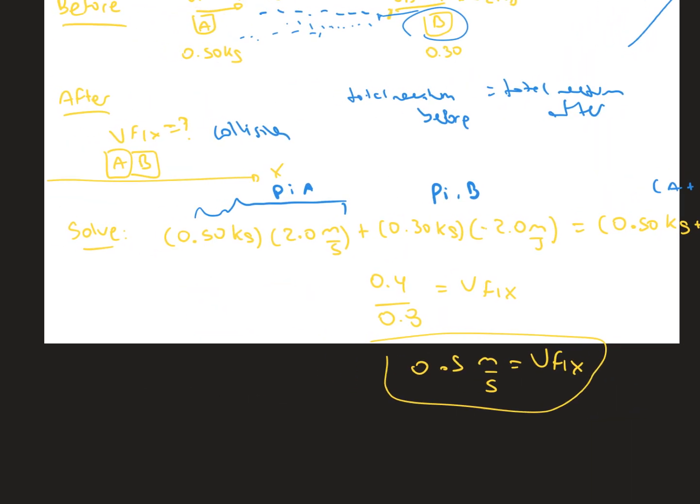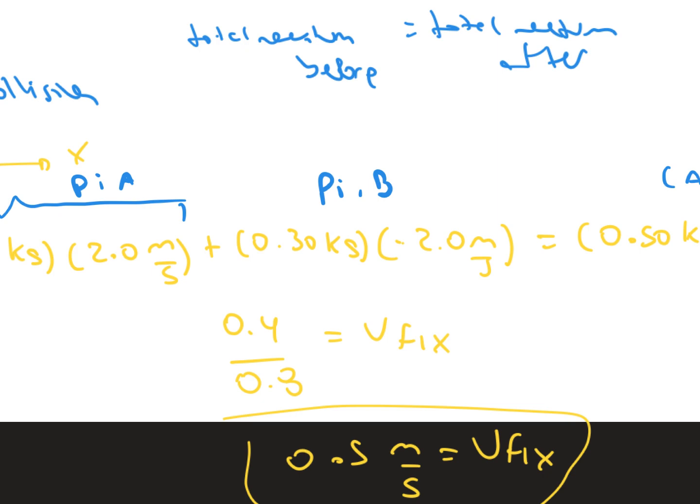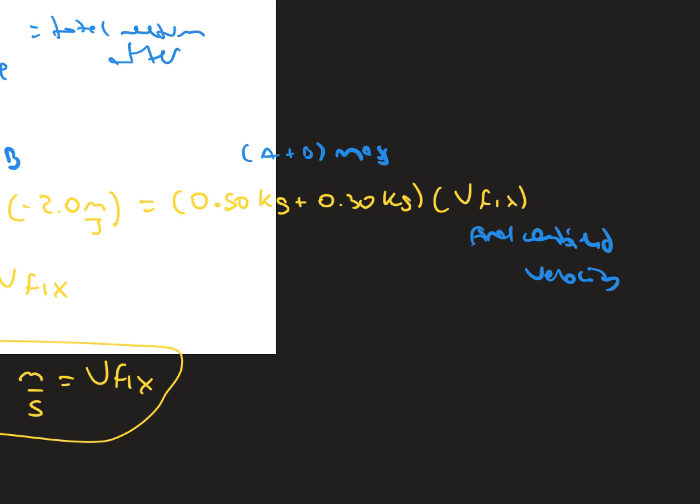What we're going to do is add up the momentum of object A to the momentum of object B. That should be 0.50 kilograms times 2 meters per second plus 0.30 kilograms times negative 2 meters per second. All of that is equal to the added two masses, 0.50 plus 0.30, times the final combined velocity.